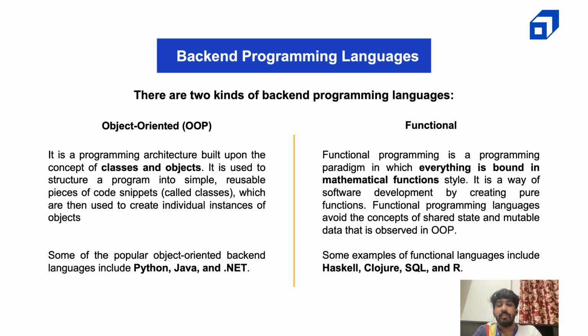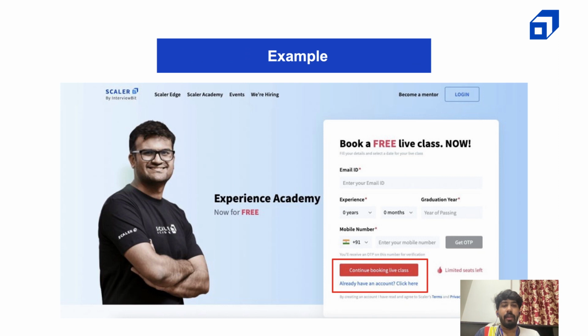Now let's look at object-oriented. It is used to structure a program into simple reusable pieces of code, which are classes. You can create multiple classes, and you don't have to rewrite a particular set of code. Let's take the example again.